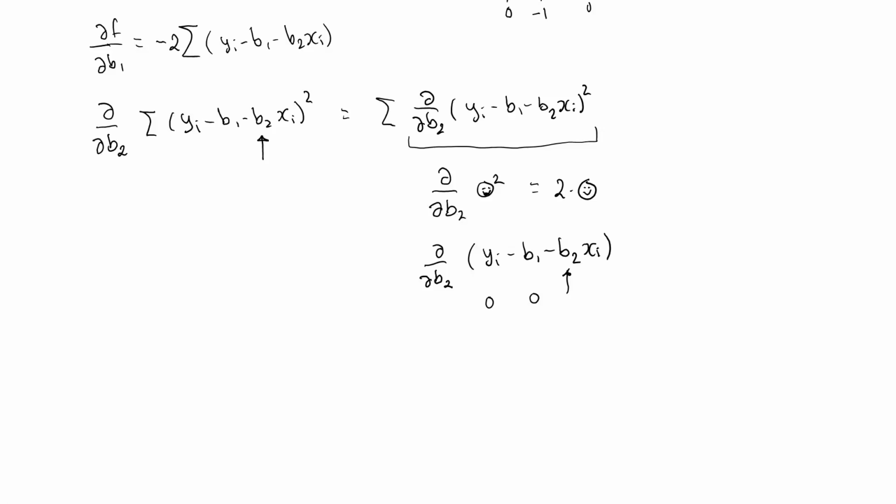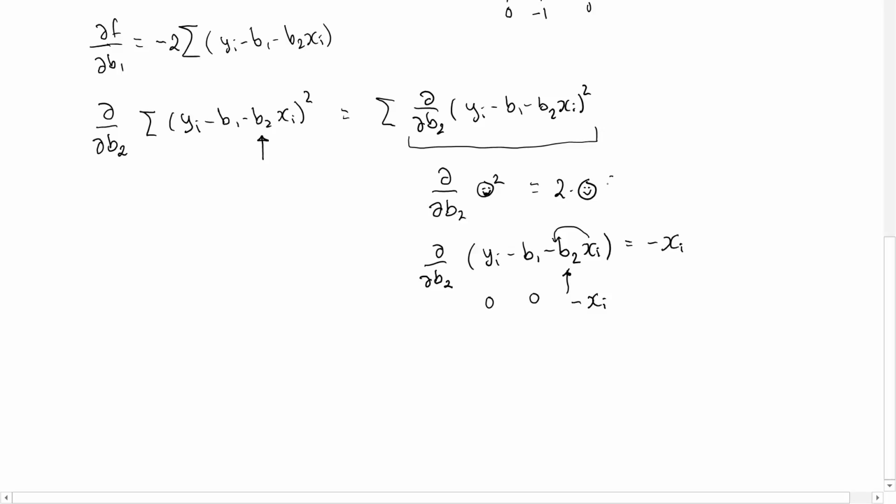And again, that's just a linear function, so the derivative is simply the slope, the constant in front of b2. And that's minus xi. You can move it over here if you like to see that better. So the inner derivative is now minus xi, not minus 1 as was the case with respect to b1.